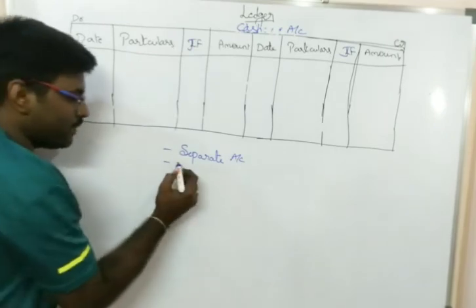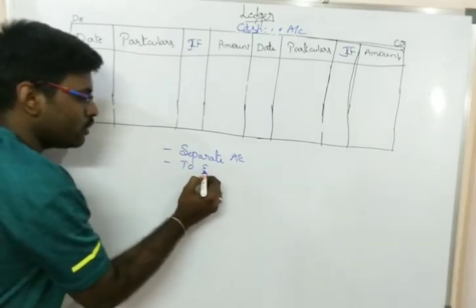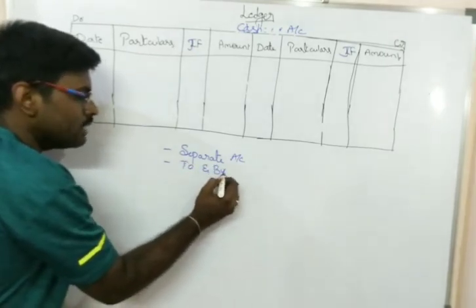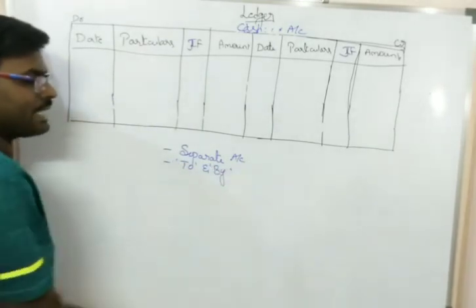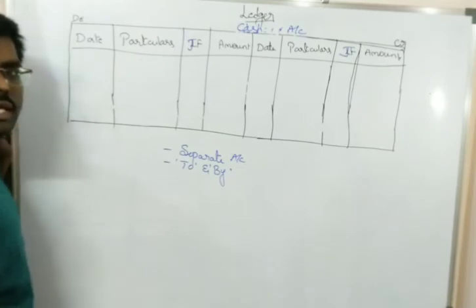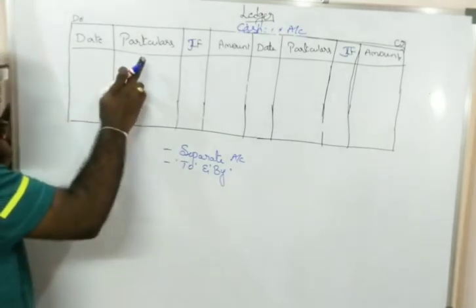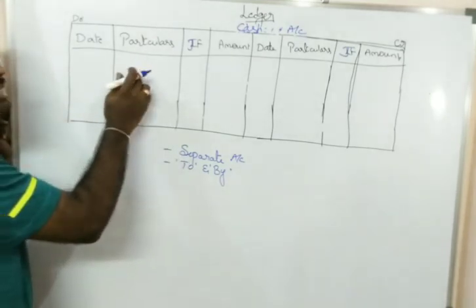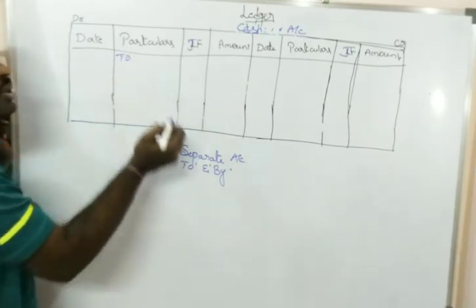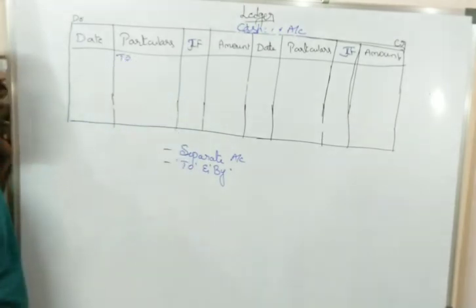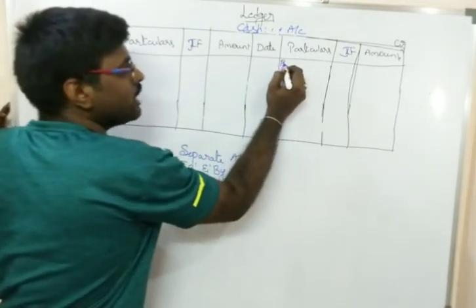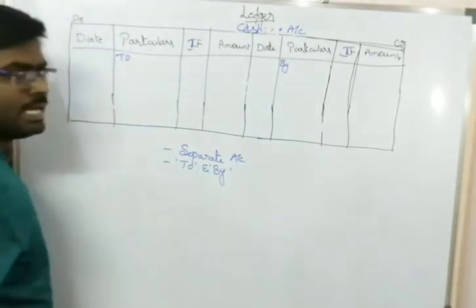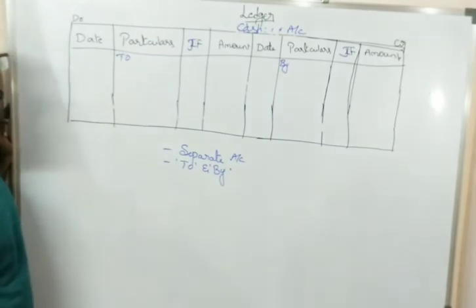And the second one is the use of the words to and by. Here we use the words to and by as prefixes for the name of the account. When you are recording an entry on the debit side, you write to before the entry. When you are recording the entry on the credit side, you write by as the prefix of the name of the account.